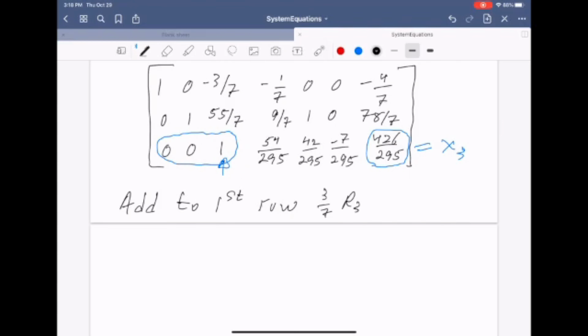All right, so we have, if we multiply that 1 where I've got that little arrow up right here, if we multiply that by 3/7 and add it to this number here, we get 0.